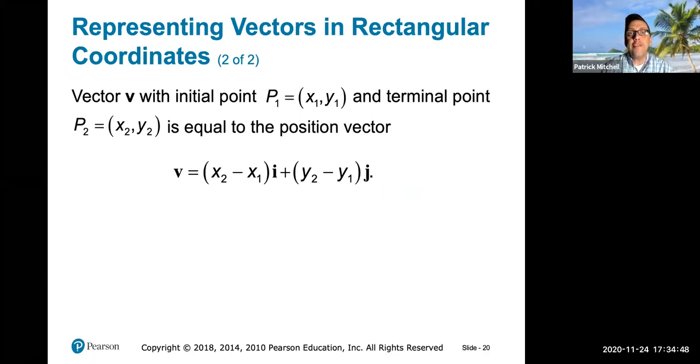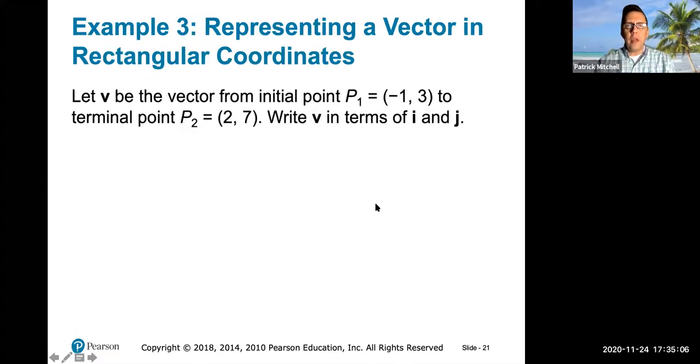All right, the vector v with initial point (x1, y1) and terminal point (x2, y2) is equal to the position vector whose scalar components are x2 minus x1 and y2 minus y1. So that's something we use all the time. Like in this example, let v be the vector from initial point P1, which is (-1, 3), to terminal point P2, which is (2, 7).